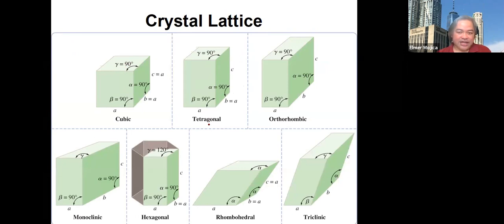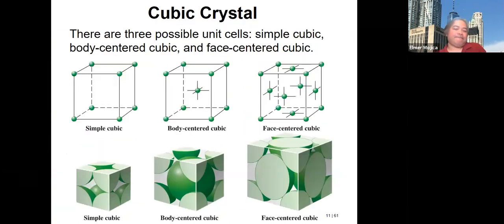If two of the lengths are longer, that's what we call the orthorhombic. In the monoclinic, I think the beta has a different angle compared to the alpha. The gamma is different than the alpha and the beta. So these are just different arrangements of the crystal lattice. I don't need you to learn about this. What do you need to know in this part?